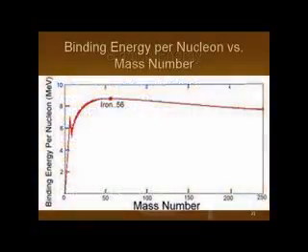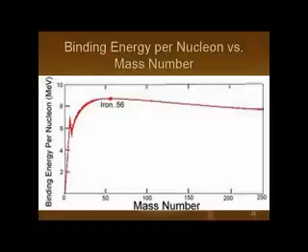And here's the graph that we referred to, the binding energy per nucleon in mega electron volts versus mass number. Notice the very high binding energy per nucleon for helium. You can see that where it almost looks like an EKG pattern, jump and fall, at the very left side of the graph.